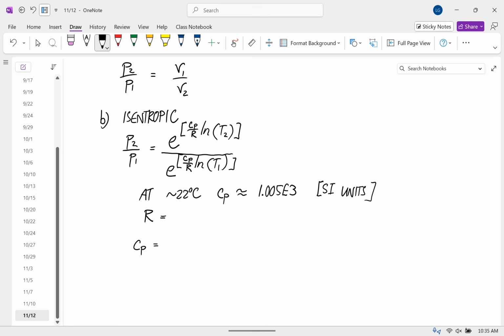Cp is the heat capacity, so in SI units that is joules per Kelvin. And this is specific, so joules per kilogram per Kelvin, right.